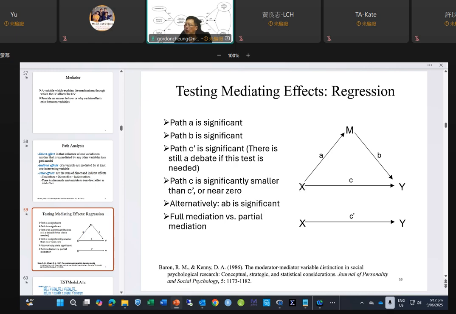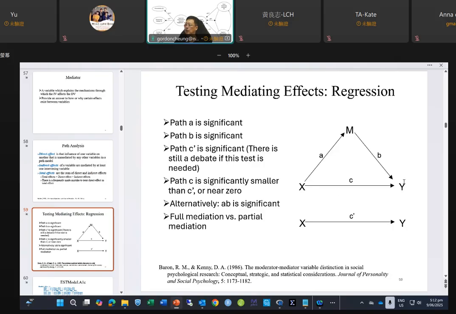It means any effect of X on Y that doesn't go through M. So be very careful when we refer to direct effect. I would usually like to refer to this as residual effect more than direct effect, but typically people refer to this path as direct effect.